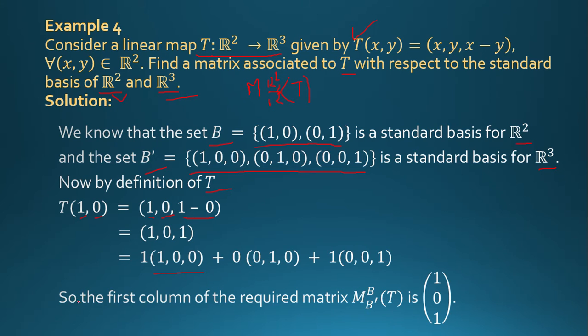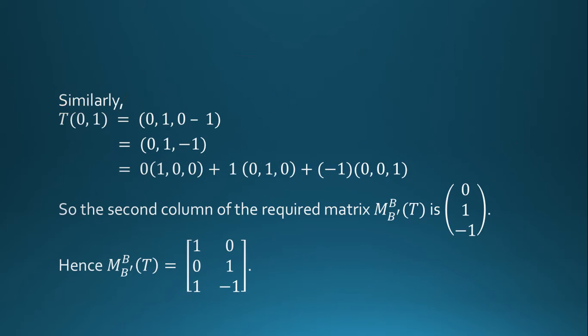So we get the first column of the required matrix, M_B B dash of T, equal to (1, 0, 1). And similarly T of (0, 1) is equal to the transformation. We have the definition, T of (x, y) is equal to (x, y, x minus y).